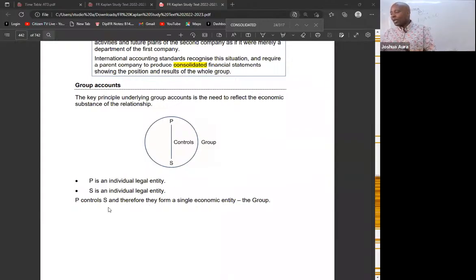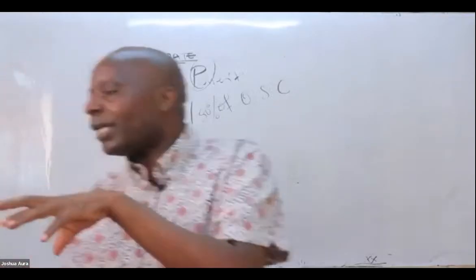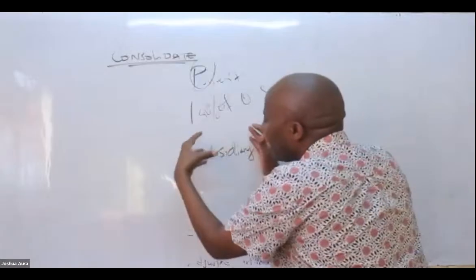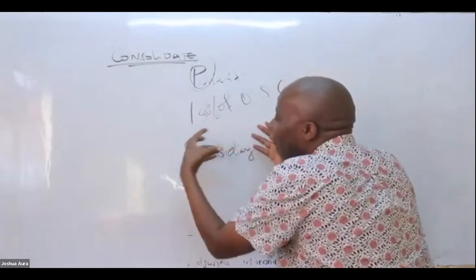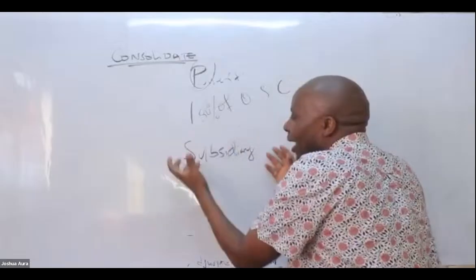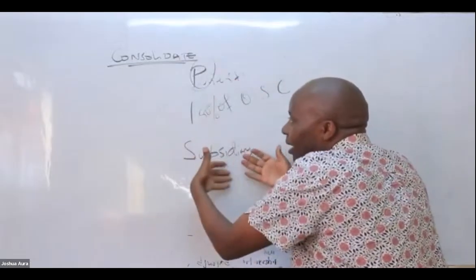Because P controls S, we are able to get into this subsidiary and help them manage their affairs. We are able to send directors here, right?